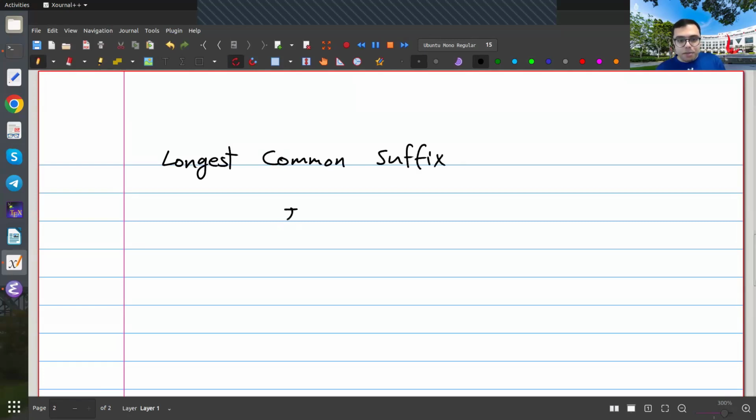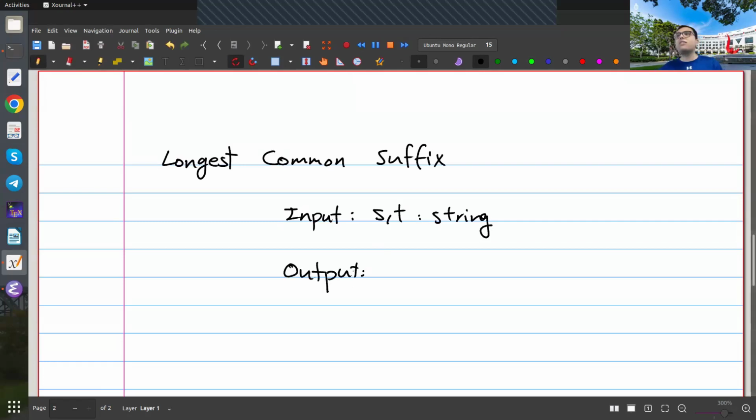My input is again the strings S and T, and as the output, you should tell me what is the longest string that is a suffix of both S and T. What is the longest common suffix?